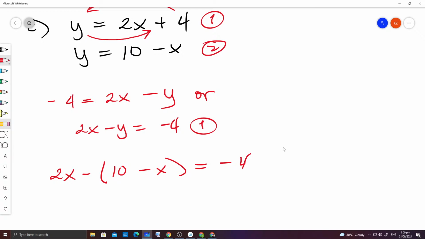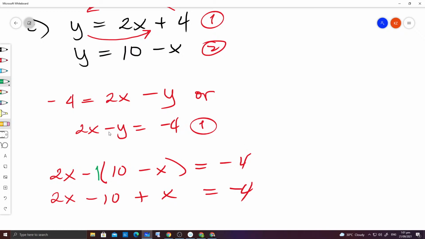The importance of this is that when you remove the parentheses, it will become 2x minus 10 plus x equals negative 4. This becomes positive because it means negative 1. Negative 1 times 10 is negative 10. Negative 1 times negative x is positive x. Are we clear on that?